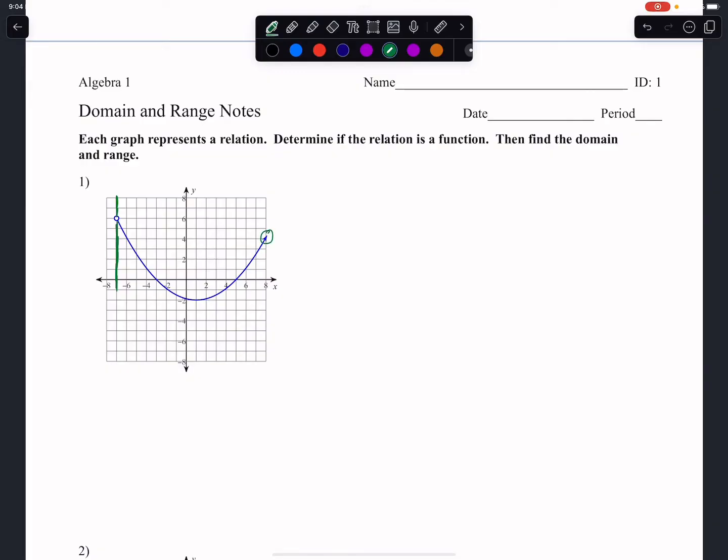So that tells me something. For my domain, let's start off by putting domain, let's put the X. Because there's an open circle on the left, it's going to be one of those, and because there's an arrow on the right, it's going to be that symbol. So start there, put your X, and figure out what symbol goes to the left and what symbol goes to the right.